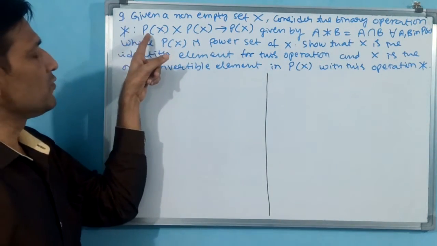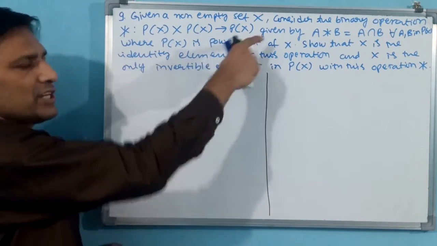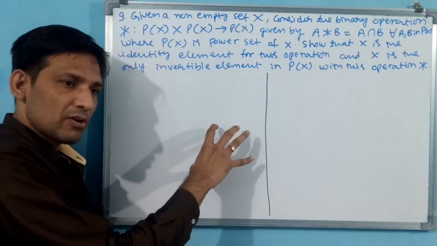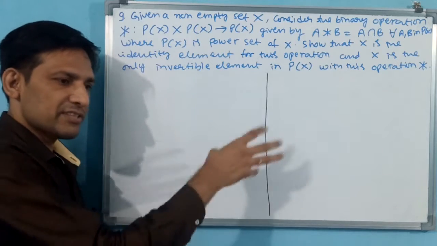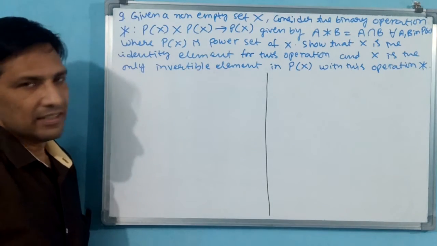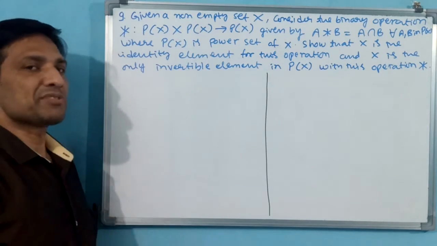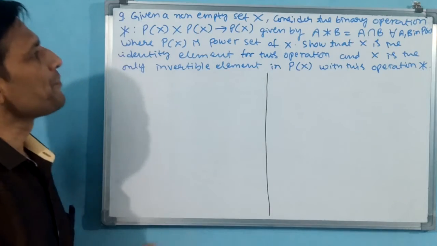Star: Px cross Px to Px. Normally we know A cross A to A will be there. Here Px cross Px, that means power set cross power set. Power set contains sets, subsets as elements. That means you have to make the relation on subsets. That you have to keep in your mind.